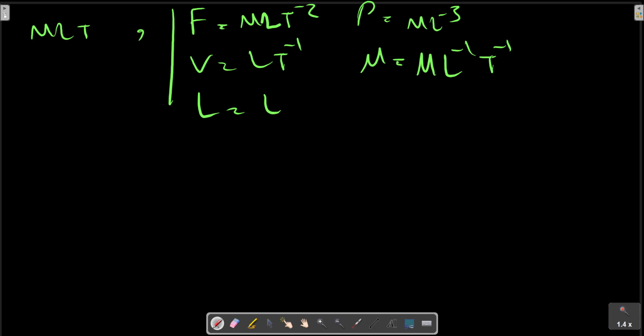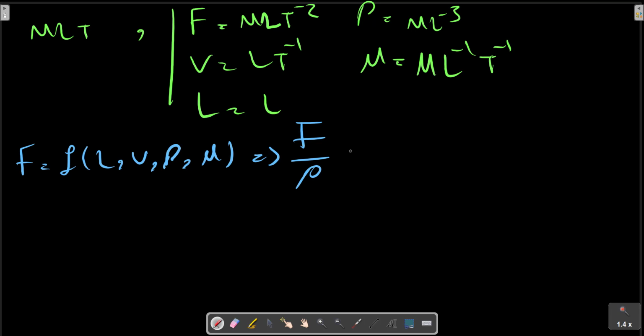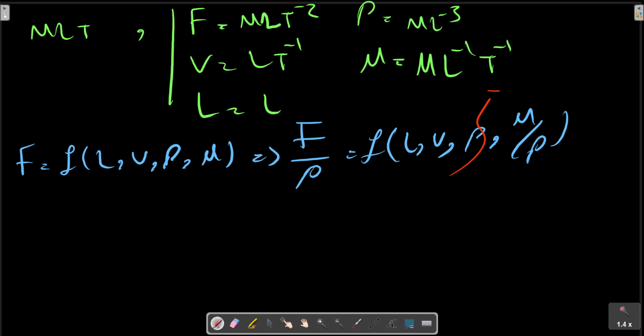So for example, for rho, we have F, a function of L, V, rho and mu. We divide by rho, and we have this relation, a function of L, V, and rho eliminated.